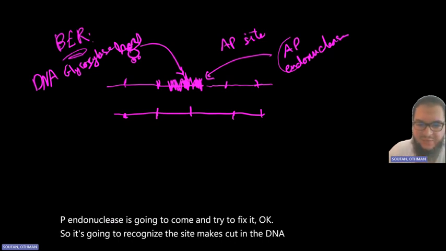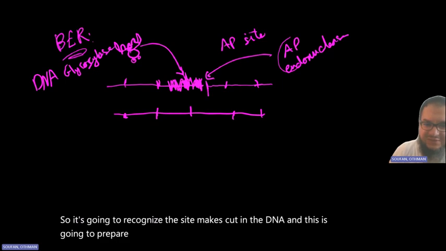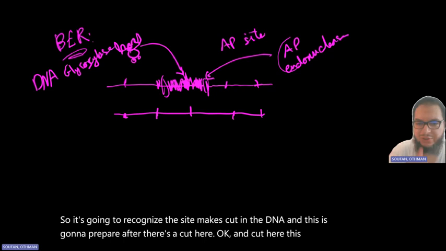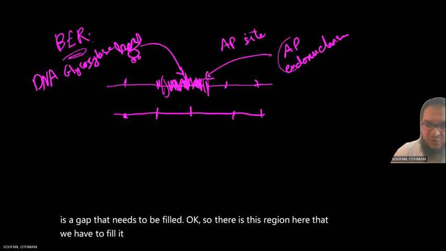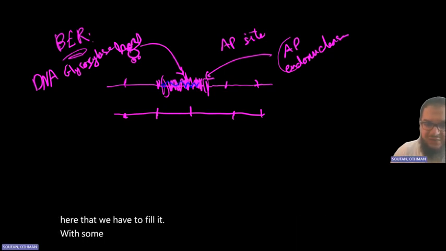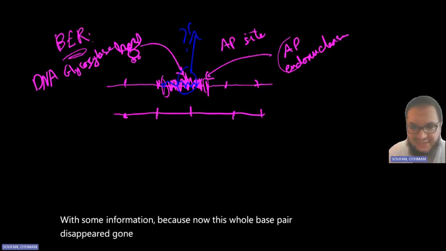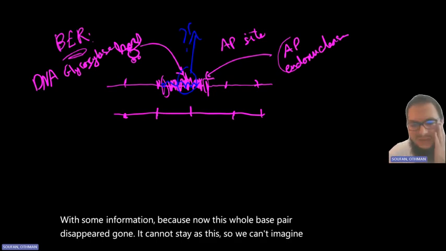After there's a cut here and a cut here, there is a gap that needs to be filled. We have to fill this region with some information, because now this whole base pair is gone. It cannot stay like this.